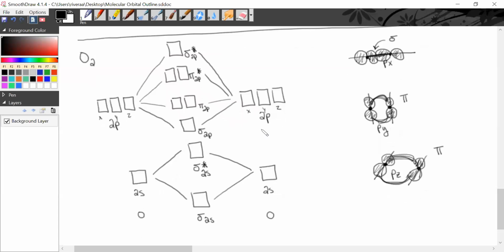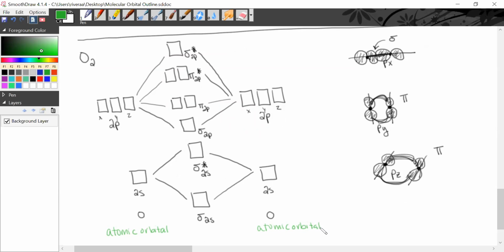And don't sort of lose track with all of this. Don't lose track of what we're really looking at, right? All we're looking at is this is one oxygen's atomic orbital diagram. These are where the electrons are in the atom. Same thing over here. This is going to be my atomic orbital diagram for my other oxygen.